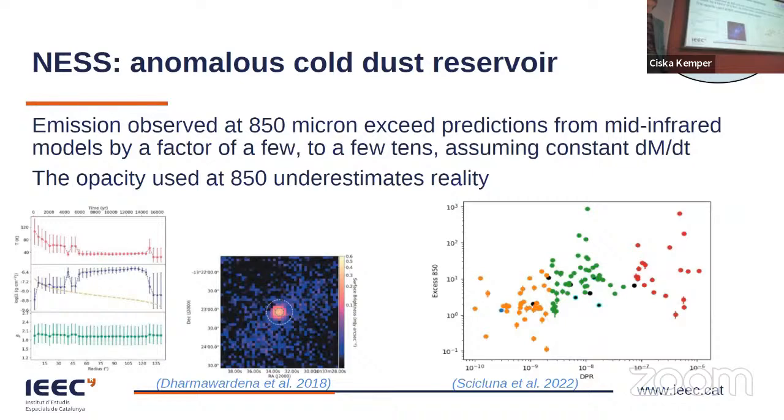So I would not expect that all the mass loss rates you are estimating there, or the excesses, scatter around one. It seems to me natural that they are above one, right? Because one is your basic mass loss rate, which corresponds more or less to the steady state of the AGB star.